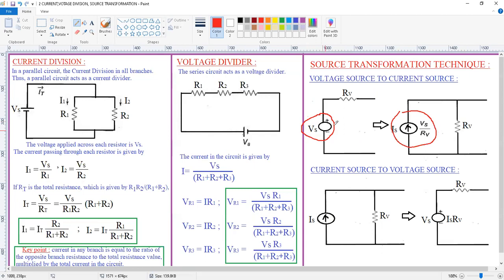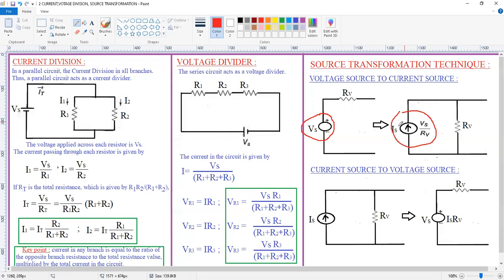Now see here, the source voltage is connected in series with some resistance Rv. Okay, after conversion, the current source is connected in parallel with the resistance. That means this circuit is equivalent to this circuit. That means we can replace this circuit with this circuit.